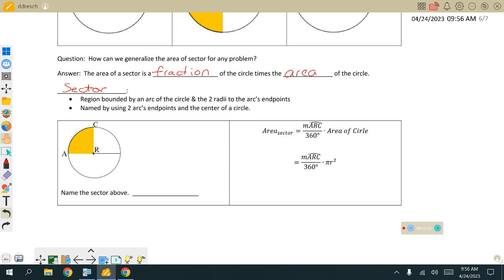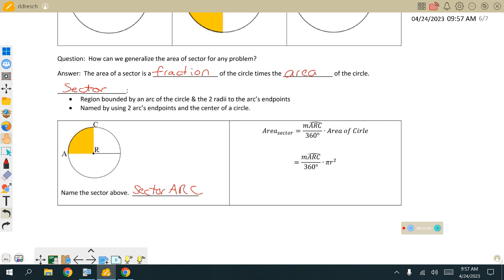In this example, we can name it a couple different ways. We can literally name it as sector ARC. There is no symbol for sector. We write the word sector and then write out in letters what sector you're referring to. Sector ARC.